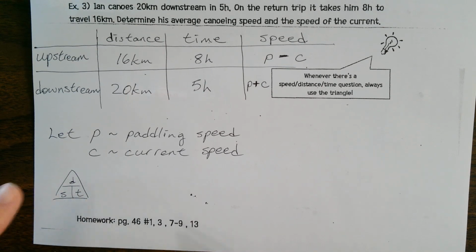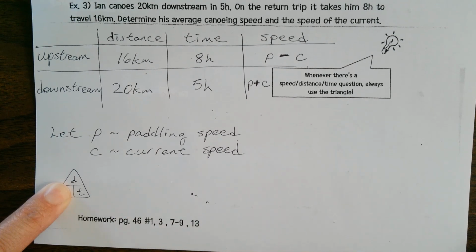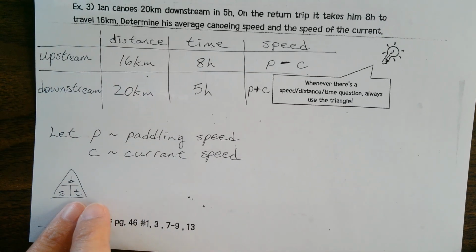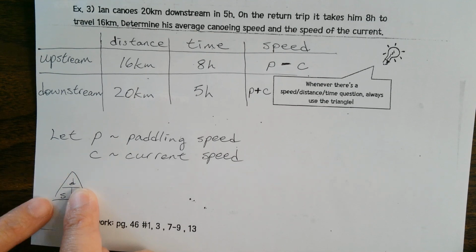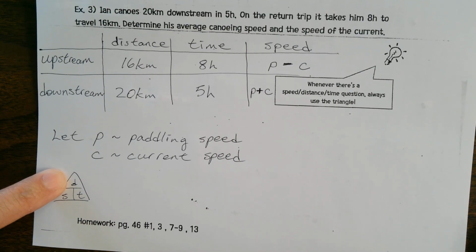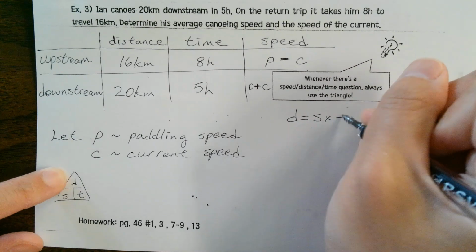This is how you use this triangle. If you cover up speed, it's distance divided by time. To find distance, you do speed times time. If you want to find time, you do distance divided by speed. So let's do D equals ST: distance equals speed times time.